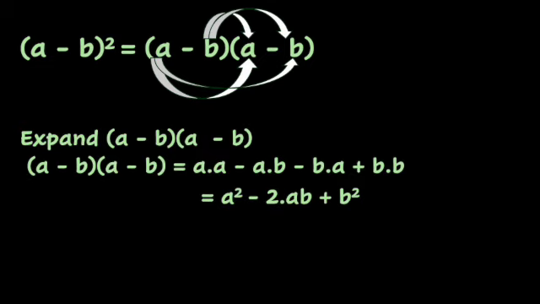So we can write it as an algebraic expression. When we solve it and simplify, we get a square minus 2ab plus b square. And here we can finally write (a minus b) whole square is equal to a square minus 2ab plus b square.